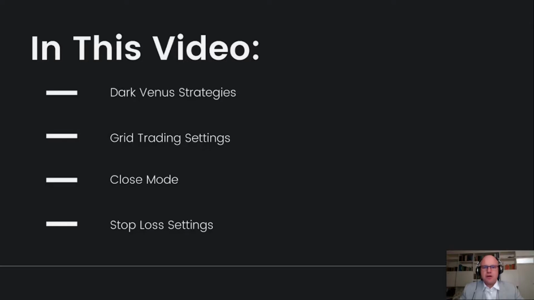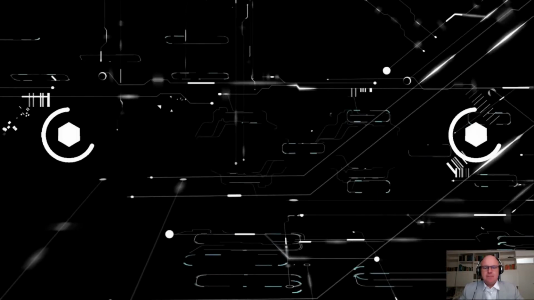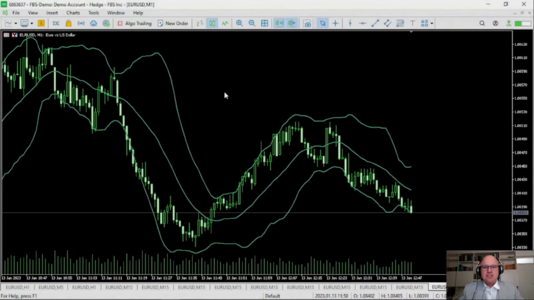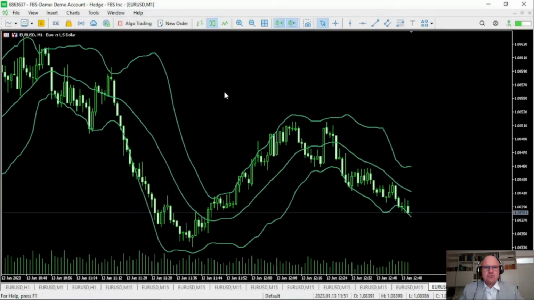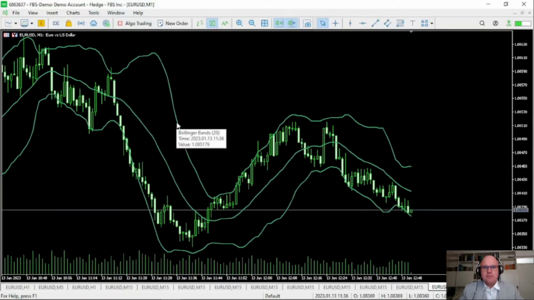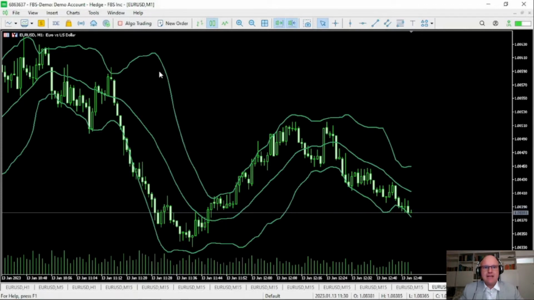First, Dark Venus Forex Robot is based on a Bollinger Band strategy. So let's start with what is a Bollinger Band. A Bollinger Band is a technical analysis tool defined by a set of trend lines with two standard deviations, one plotted positive and one negative, away from a simple moving average of a specific security's price, in this case the Euro USD.